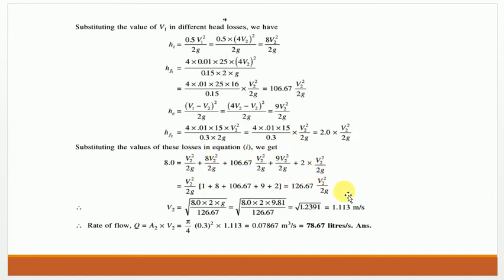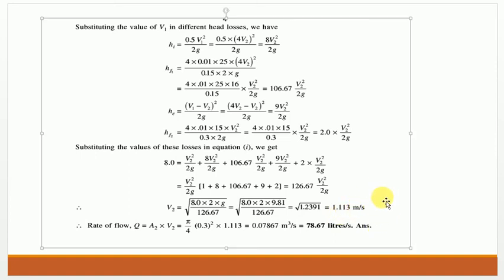When you substitute and simplify, because everything is in terms of V2, 8 will be equal to 126.67 V2 squared. So V2 will be equal to the square root of 8 into 2G by 126.67. G is acceleration due to gravity, 9.81. If we put in and simplify, V2 will be equal to 1.113 meters per second.